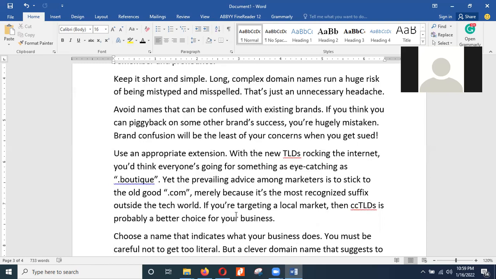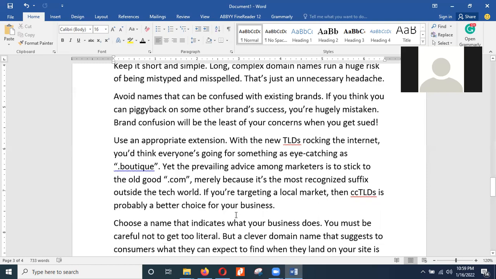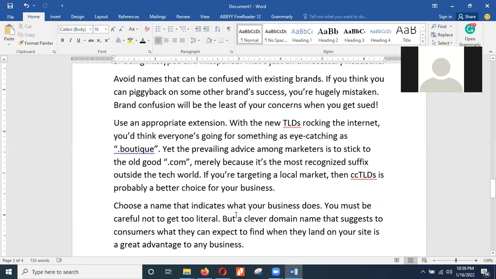Also, try to choose a domain name that tells people the nature of your business. When you say .com, it means a commercial website. Like I said earlier, when you say .com, it means commercial.